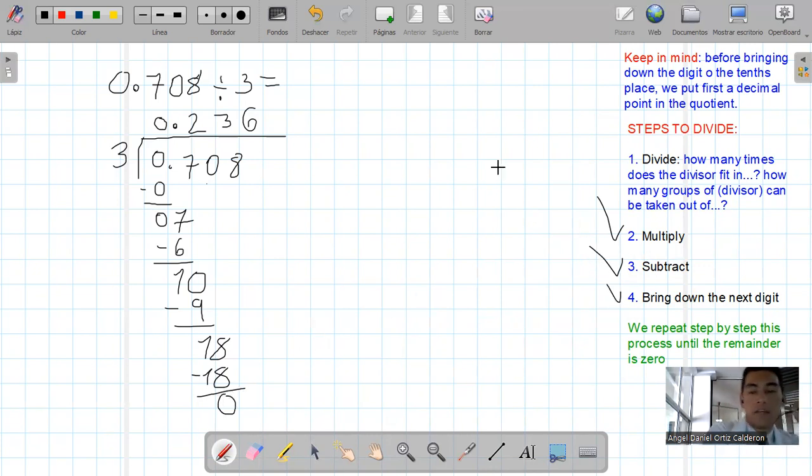And we don't have any other number to bring down. We actually have zeros as many times as we want, but remember that adding zeros in the quotient doesn't change the value of the quotient at all, right, guys? So the remainder is 0, and we don't have any other number to bring down.